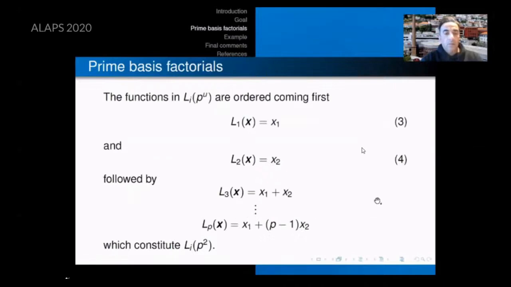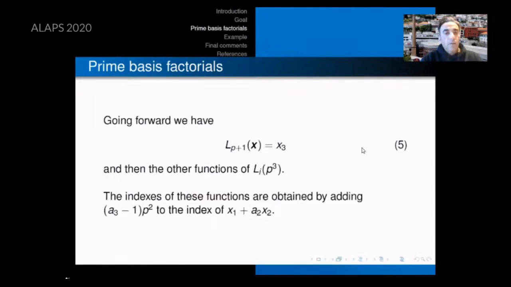These functions constitute the LIP square functions. Going forward, we will have LP plus 1x, which is x3, and then the other functions of LIP up to 3. The indexes of these functions are obtained by adding this to the index of this function.